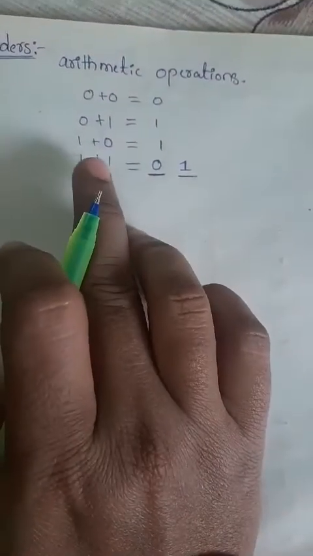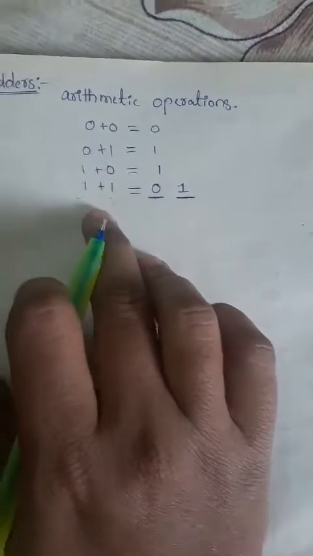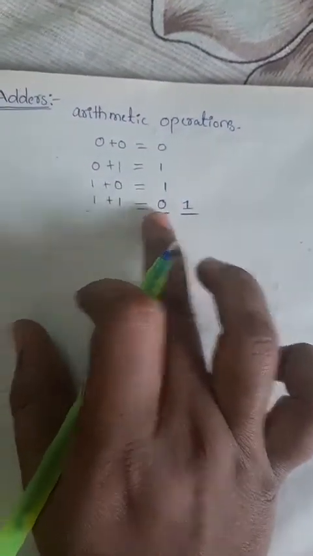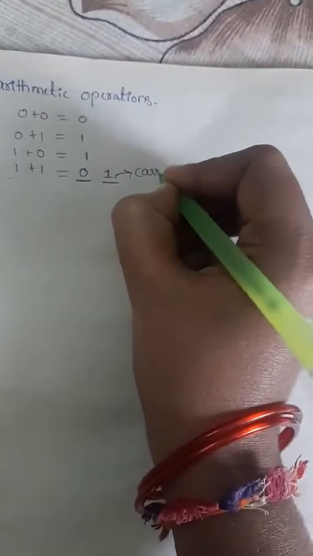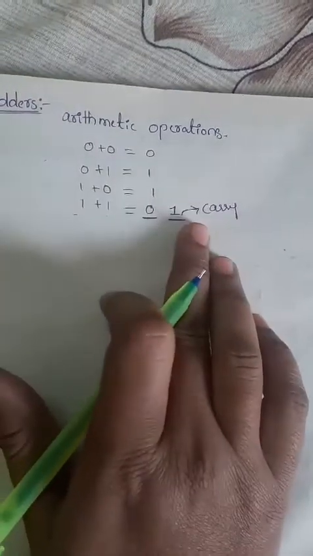So only by adding 1 plus 1 we get two values: the sum is 0, and the other value we consider as carry. So 1 plus 1 gives 0 and 1 carry.